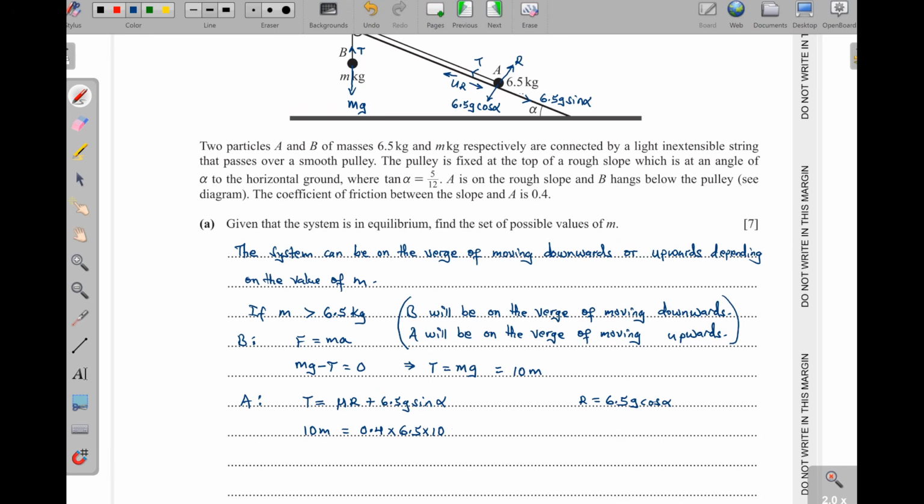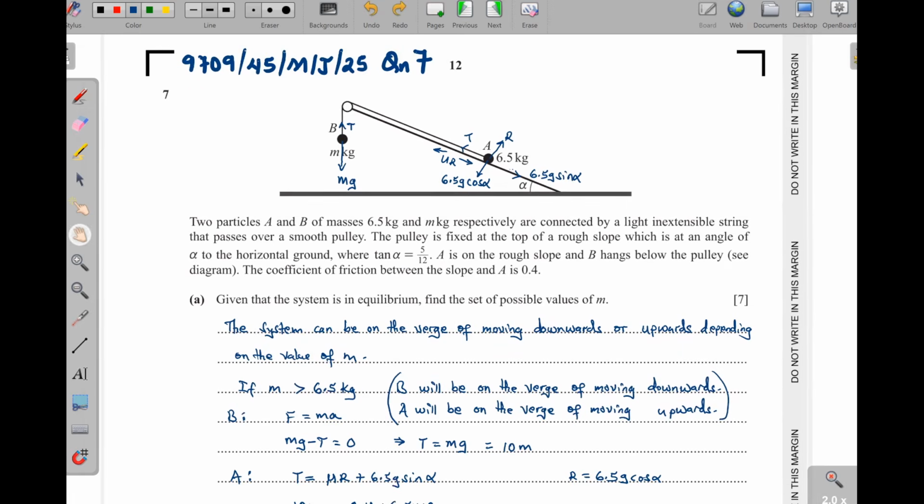So we need to find cosine alpha and then sine alpha. Since we have tan alpha equal to 5/12, I can come here and get those values.